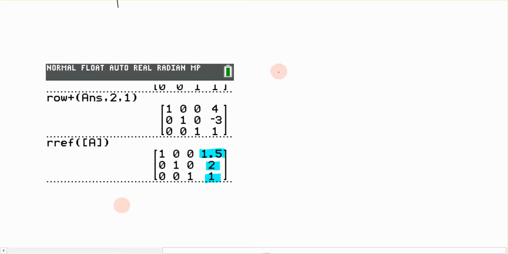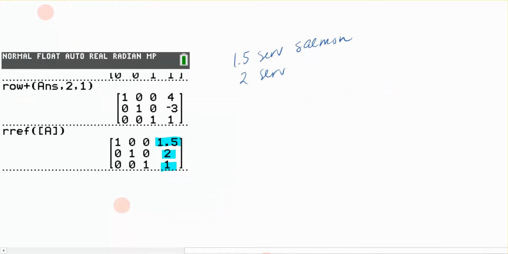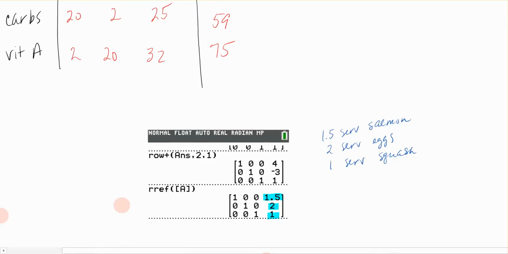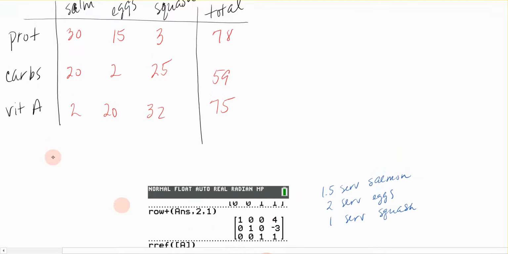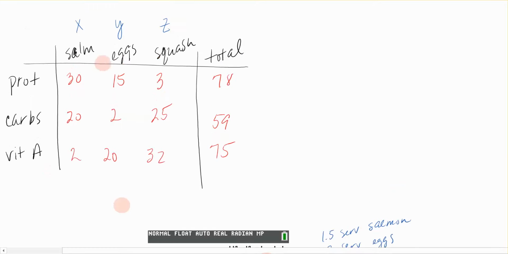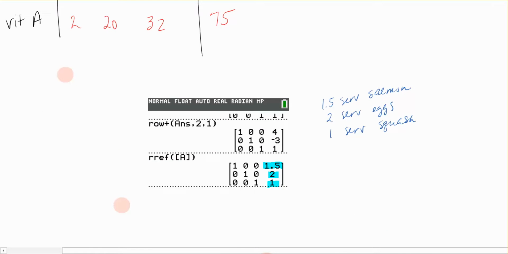So we need 1.5 servings of salmon, 2 servings of, what was next, eggs, and 1 serving of squash. And it goes in that order because the very top cell, 1.5, stands for this column, my x column that we had here. So that's kind of nice.